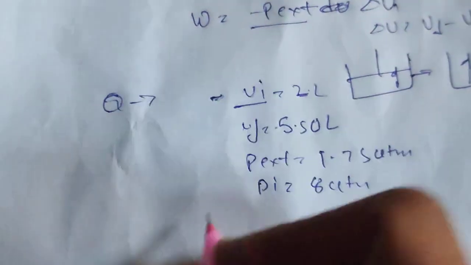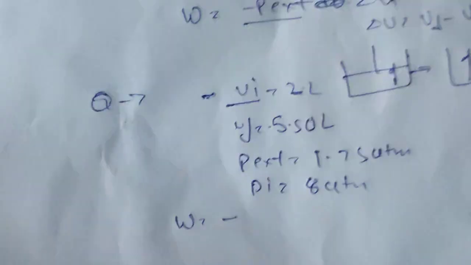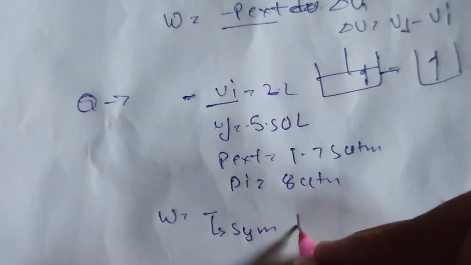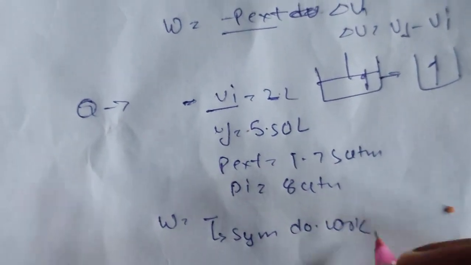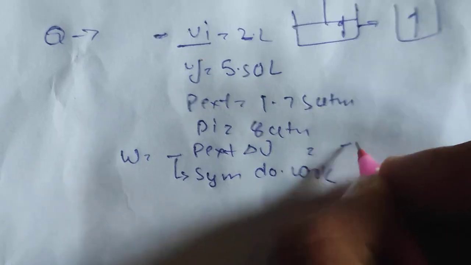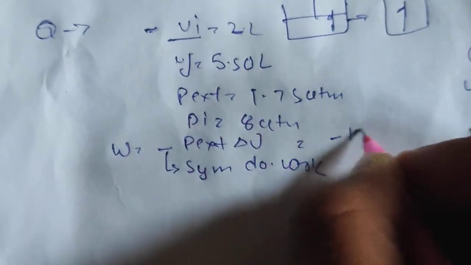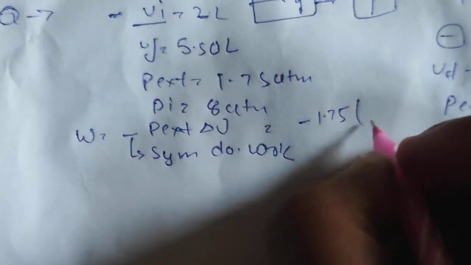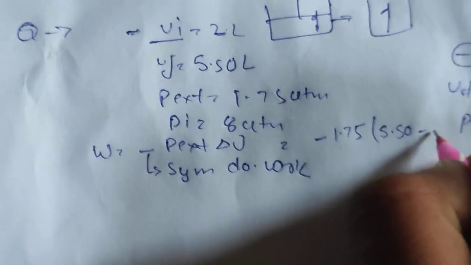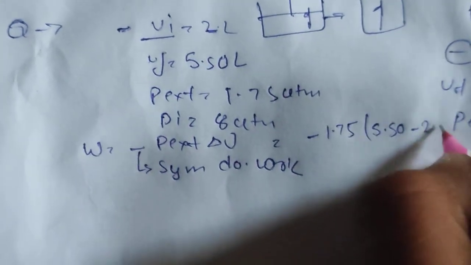In that case the sign will be negative, so work done is negative because the system is doing work: minus P external delta V. So our final answer is minus P external, 1.75, into V final, 5.50, minus V initial, 2.0.